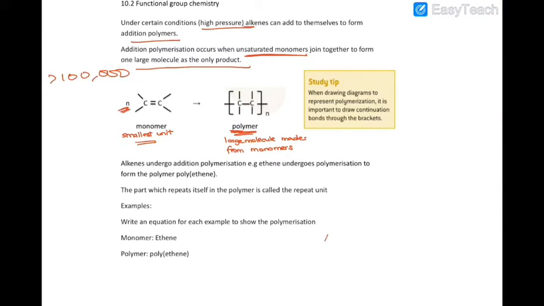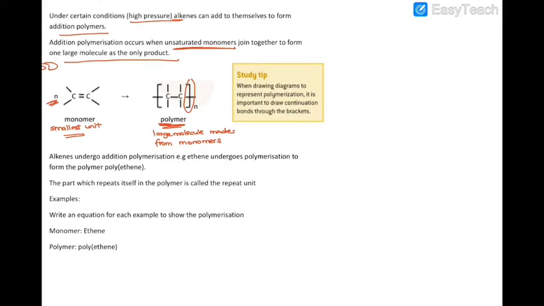These are called continuation brackets, and these continuation brackets are important. At the end of the polymer, you need to draw the continuation brackets where you have the bond crossing the bracket. This means that the molecule keeps on going.